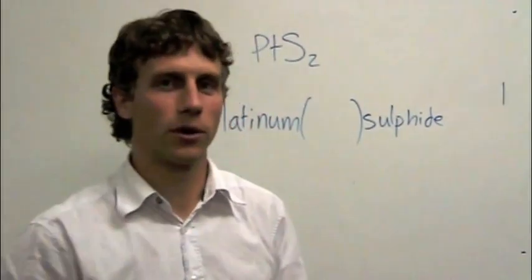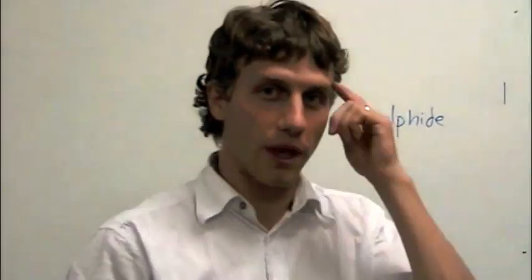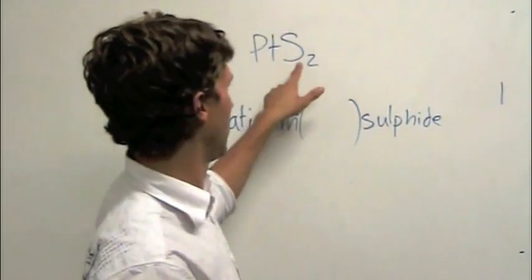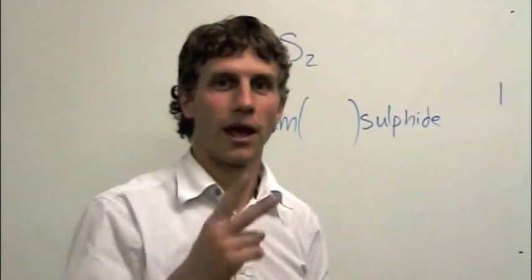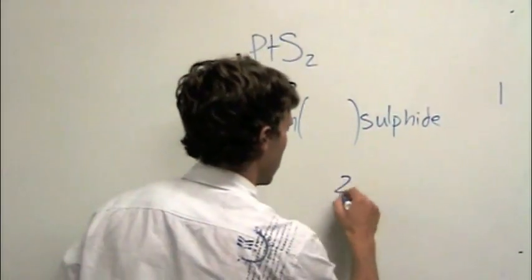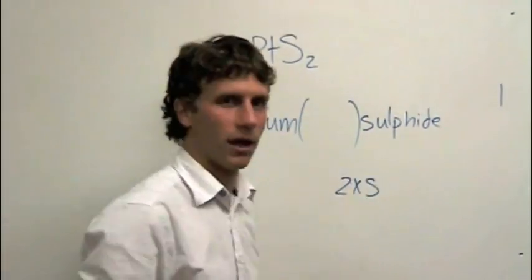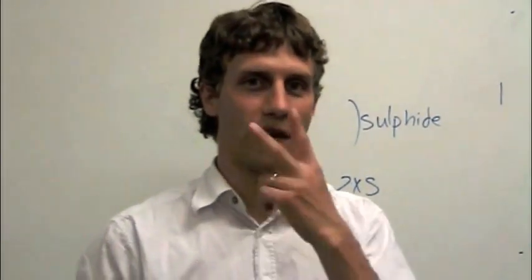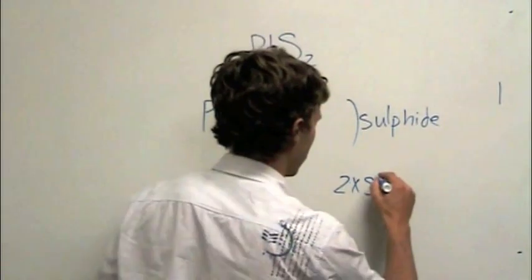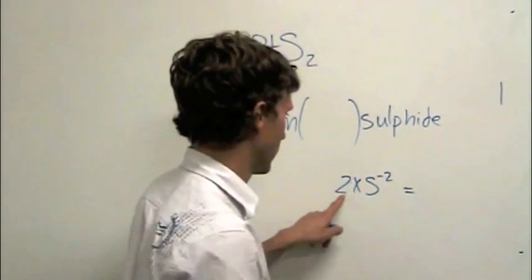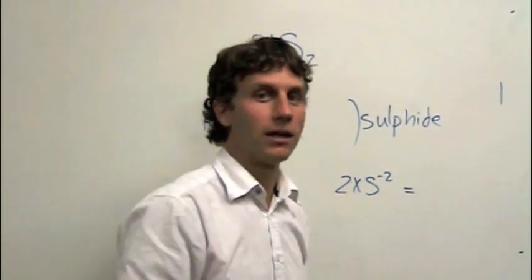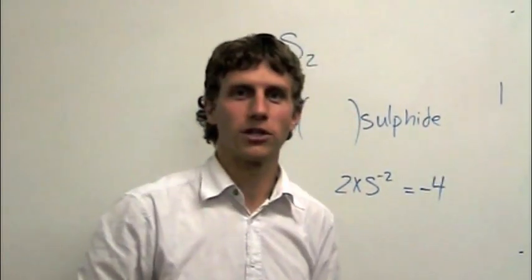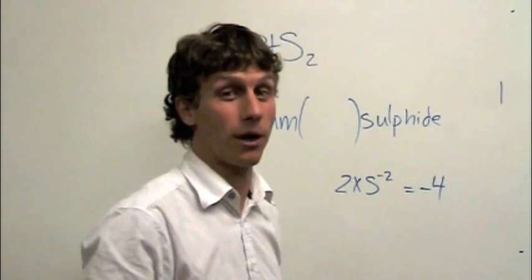And now we want to figure out what charge is on the platinum. So we're going to start with the negative charges, which are coming from sulfur. And we have 2 sulfurs. On your periodic table it tells you that each sulfur has a charge of -2. So 2 times -2 is -4. We have 4 negative charges, which means we have to have 4 positive charges.